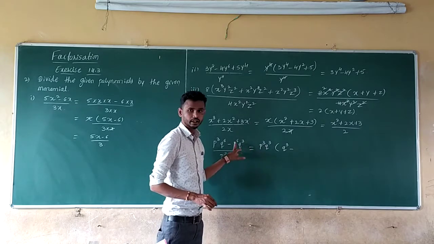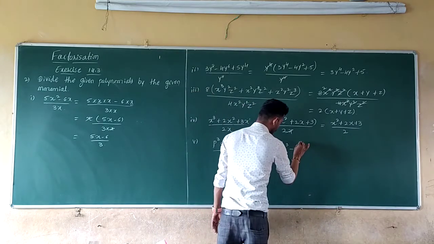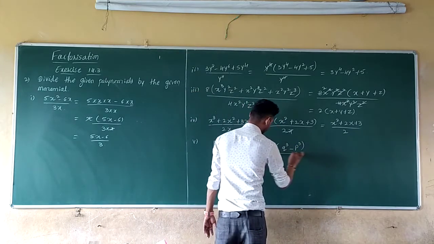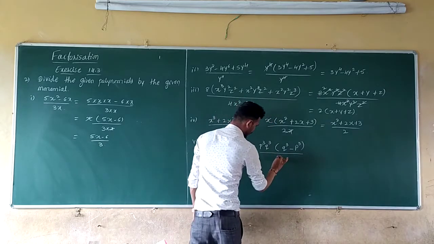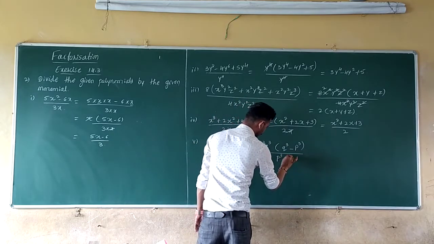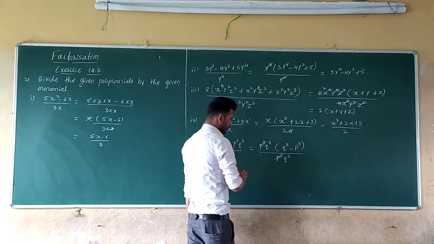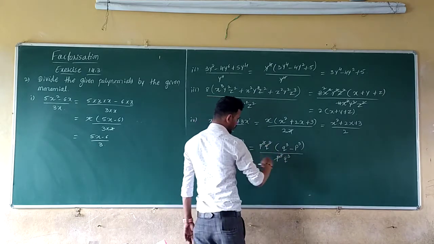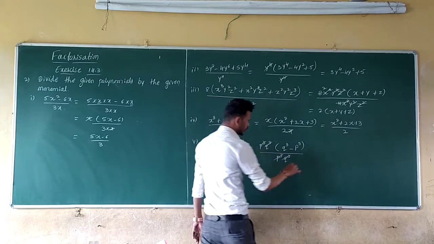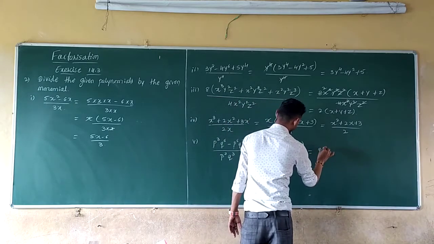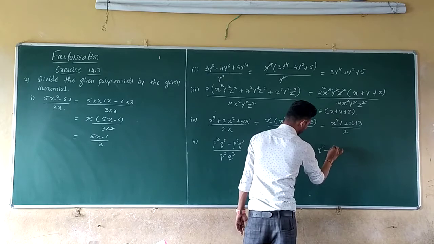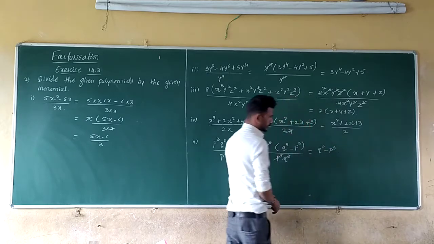How much will remain? p raised to 3, divided by p cube q cube, means p raised to 3 into q raised to 3. So p raised to 3 gets cancelled. q raised to 3 gets cancelled. So the answer is q raised to 3 minus p raised to 3.